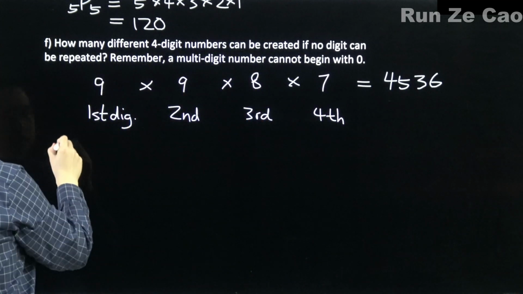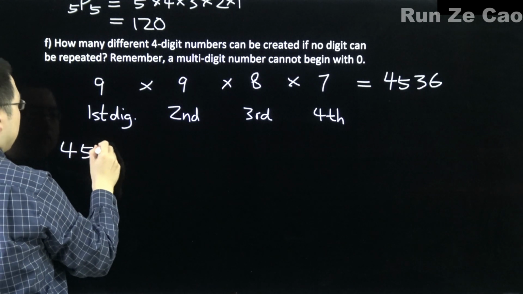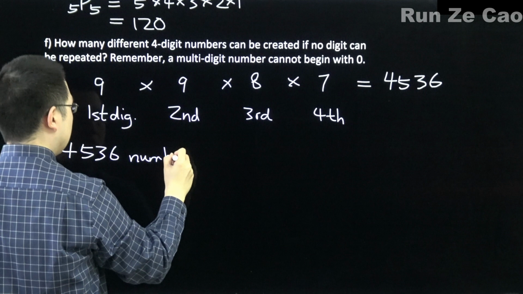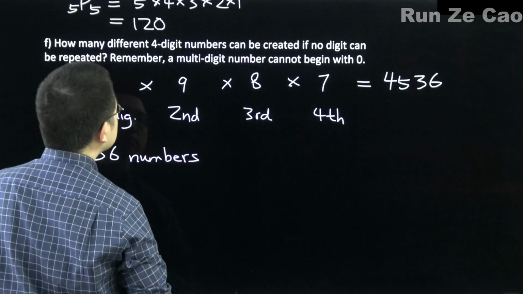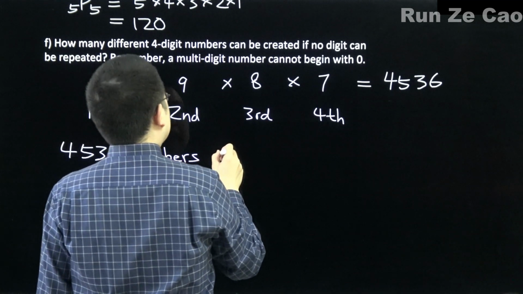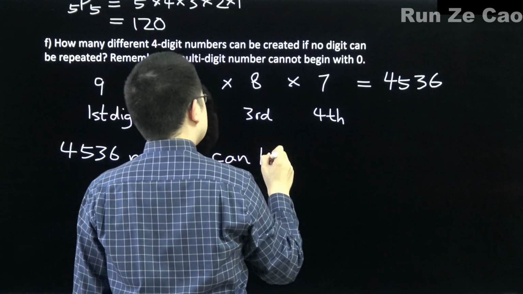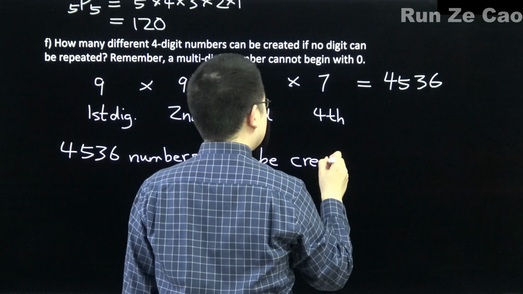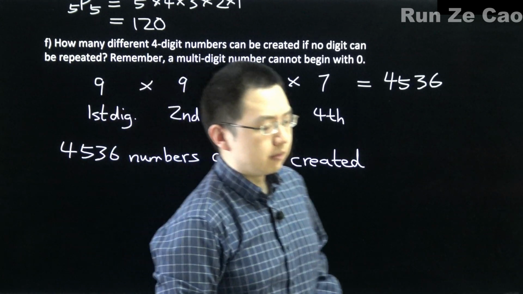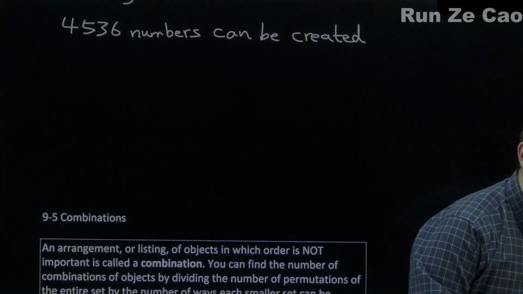So the statement is 4536 numbers. Well, I mean, you might want to write different numbers if you like. Can be created. Hurrah. Okay, well, that's it for this section.